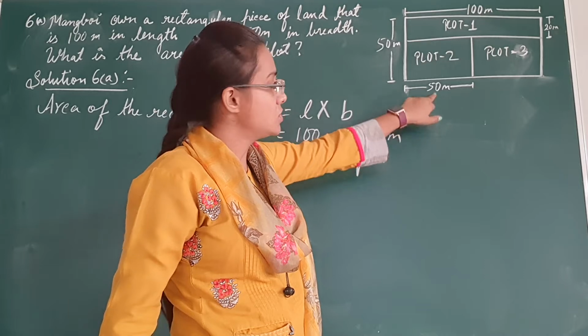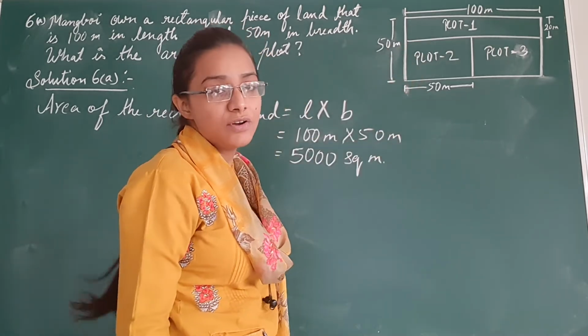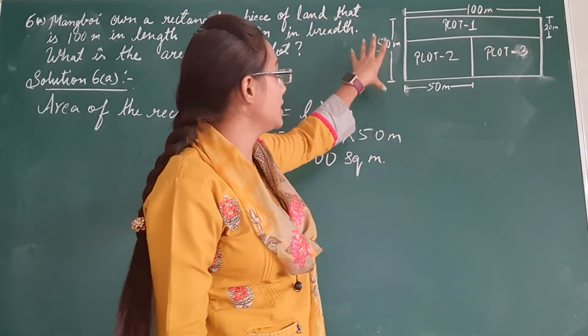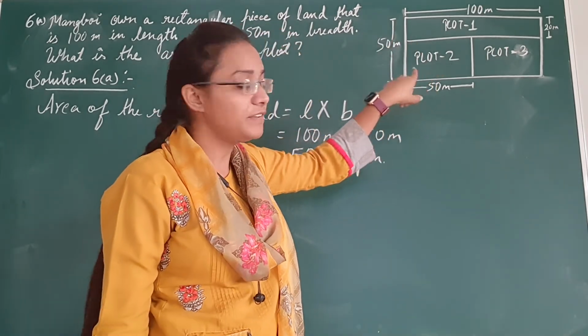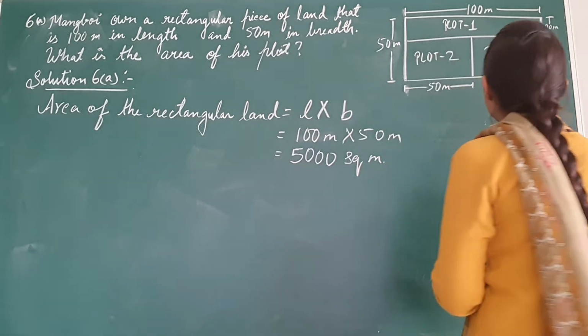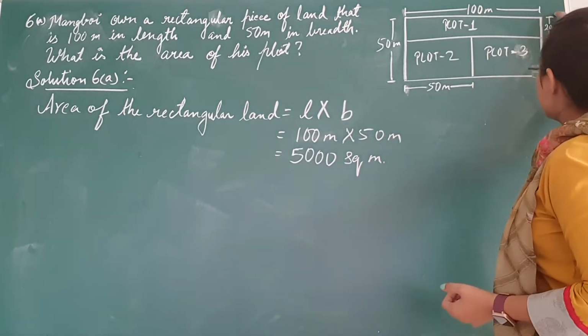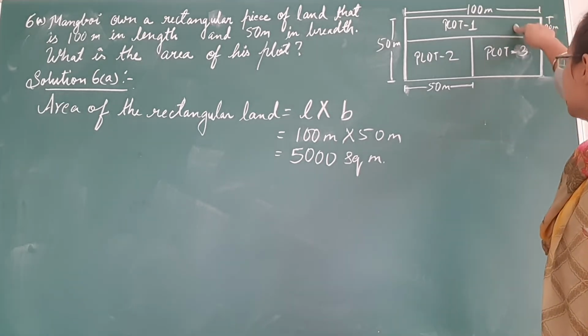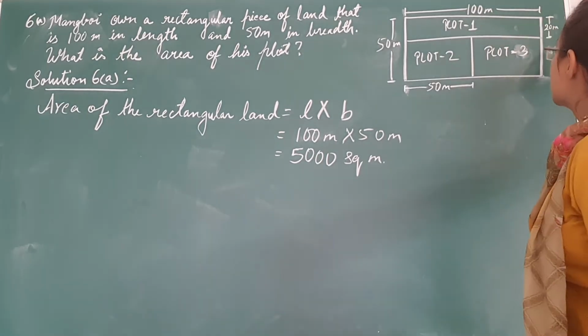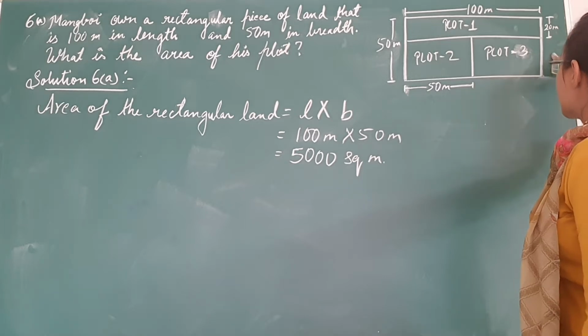So let us find out the dimensions of the plots here. For this we have to see the dimensions of the figure. If it has been written 20 meter breadth of plot 1, what will be the plot 3 breadth here?